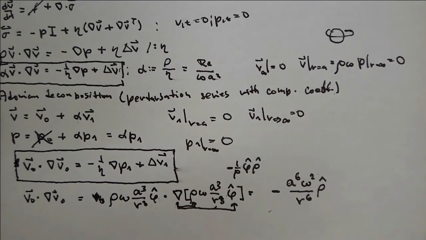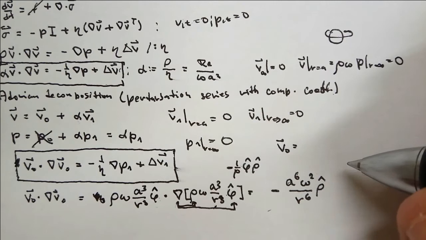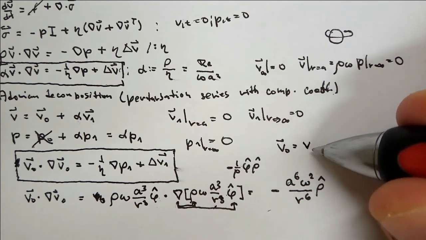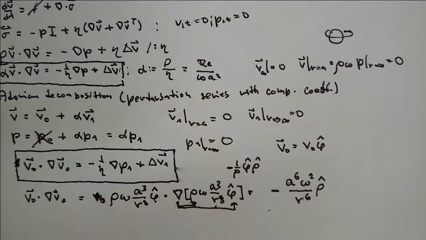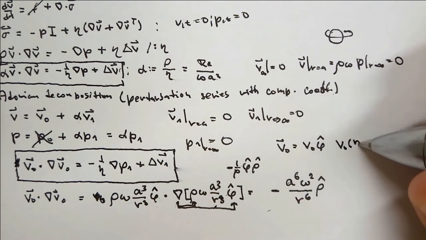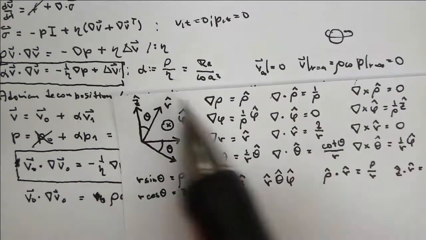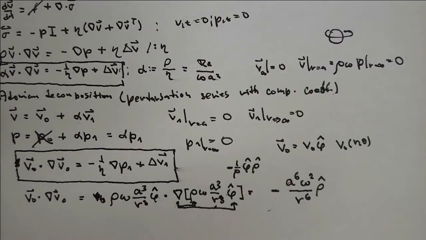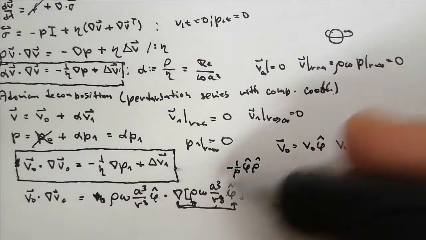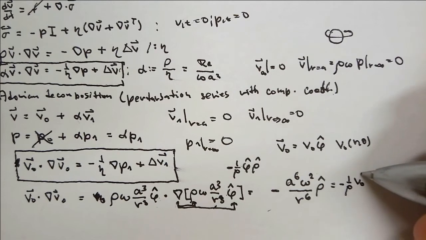And this is true for any function v0 which is symmetrical around the phi axis and has only a phi component. So you can substitute in this general form, and again v is a function of r and theta, for example. Again, we can use any two combinations from this chart except phi. If you substitute in the general form, this is going to be minus 1 over rho times v0 squared, and this is true for any function of this kind.